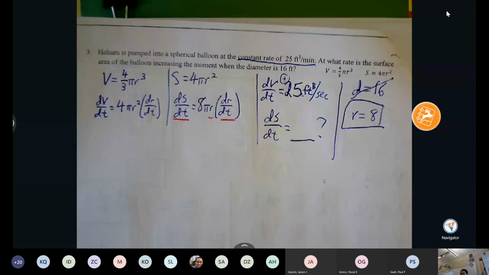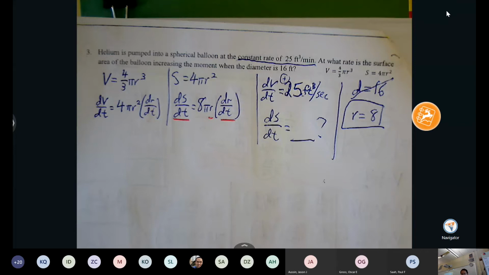Anybody else have an answer? dS/dt is 6 over 4. Close. Anybody else? 6 and 1/4. Okay, yeah. 6 and 1/4, 6.25, 25 over 4. Those are all good.